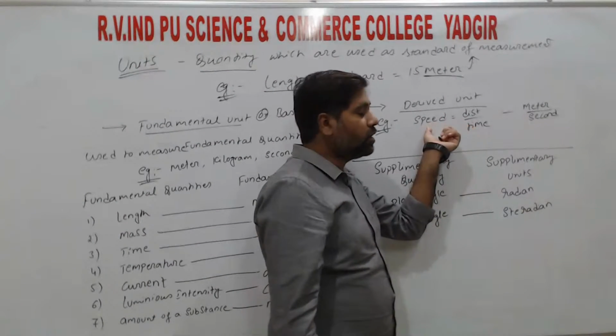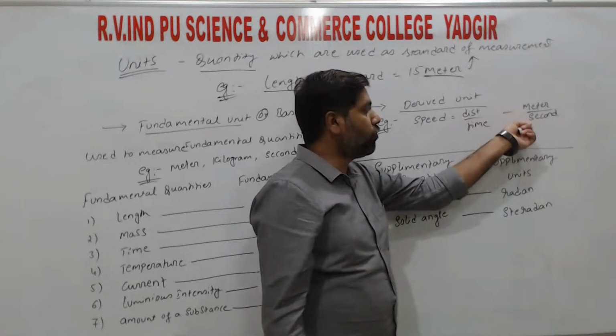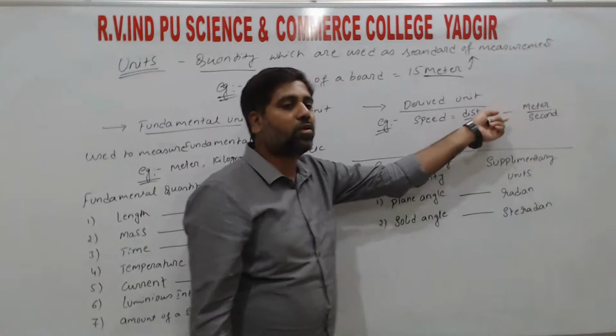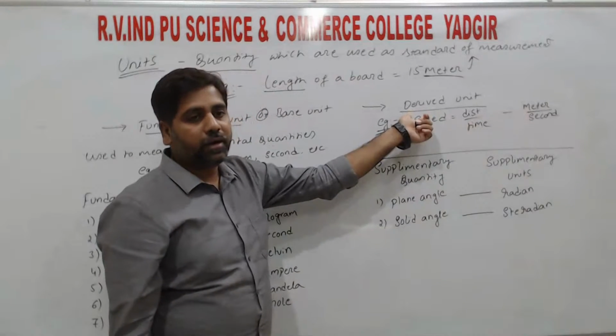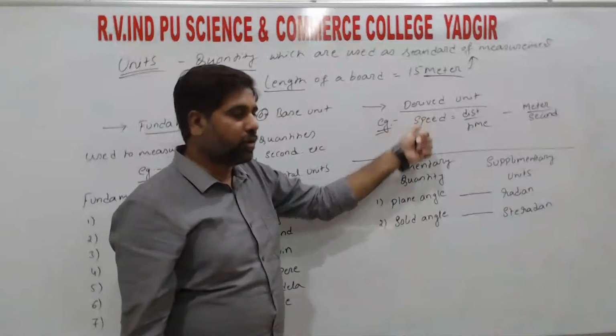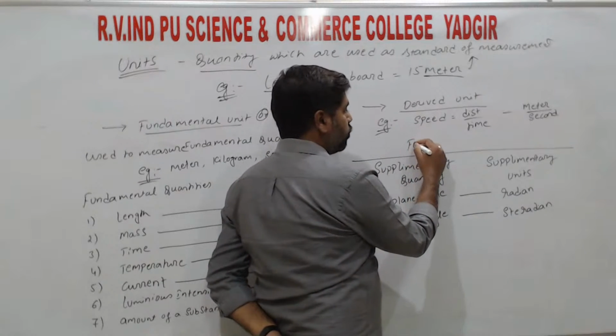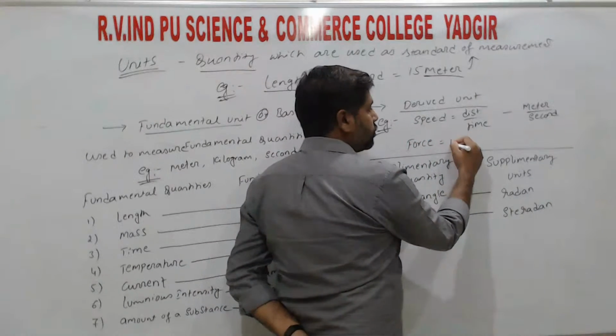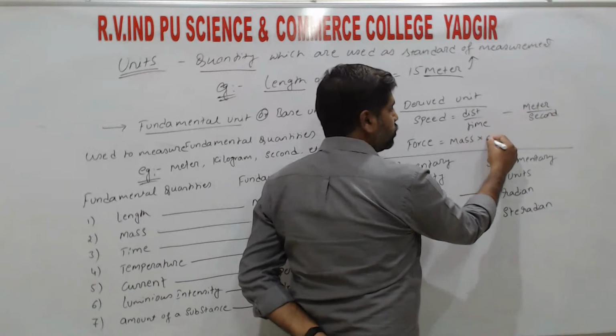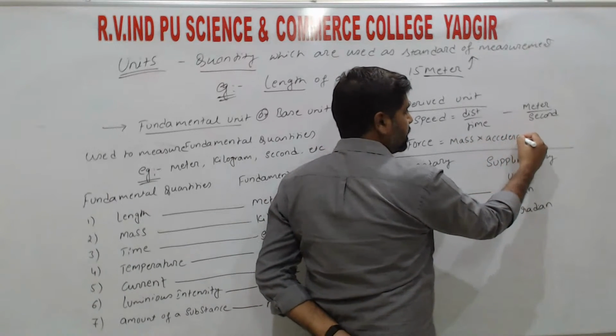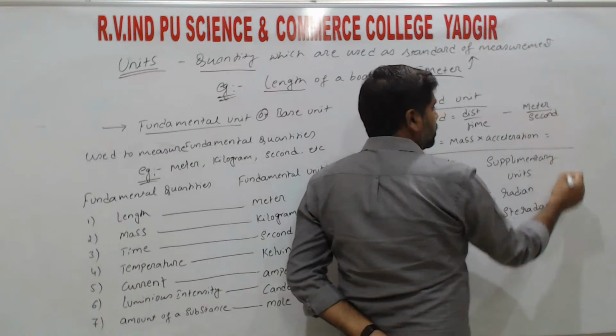So to measure a derived quantity, if we are using two fundamental units, then that unit we call a derived unit, right? So meter per second. If you take one more example, force. Force is equal to mass into acceleration, right?